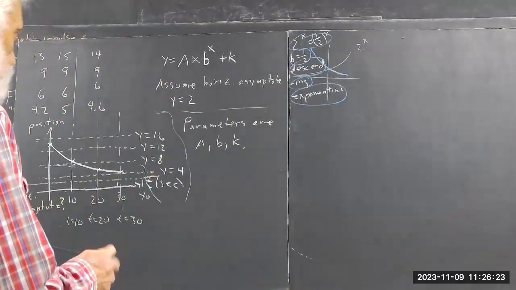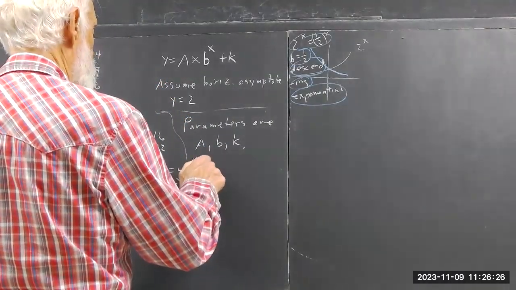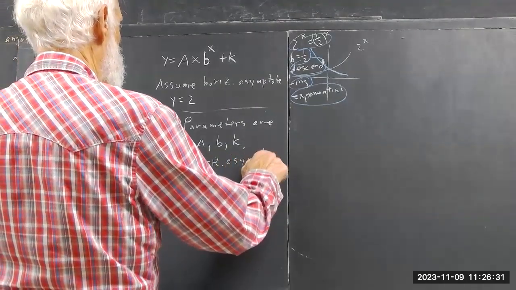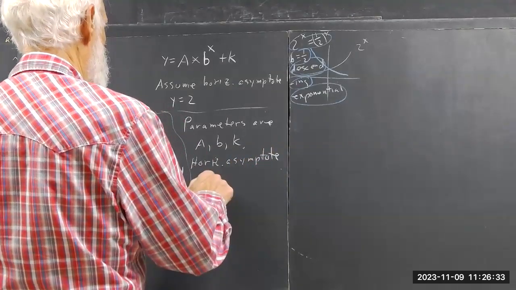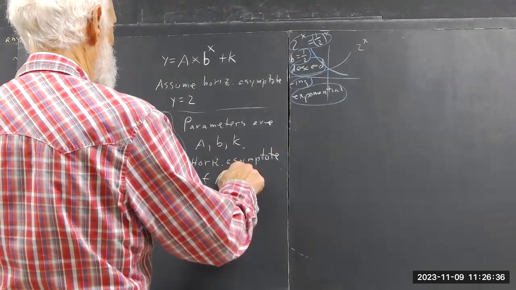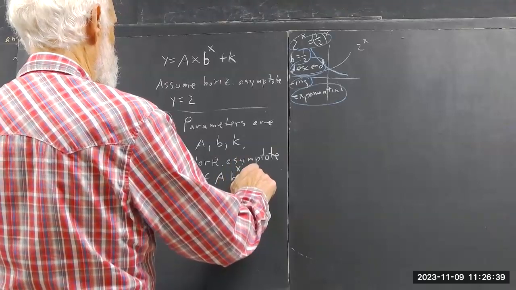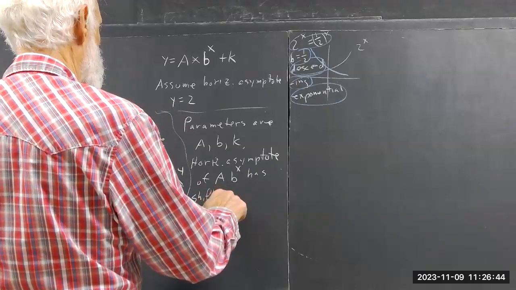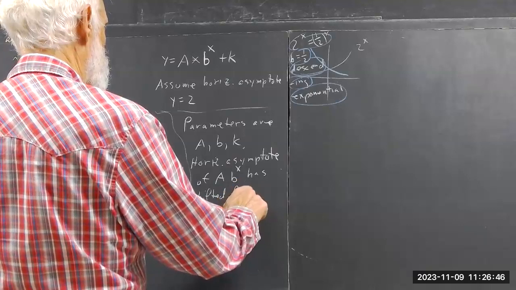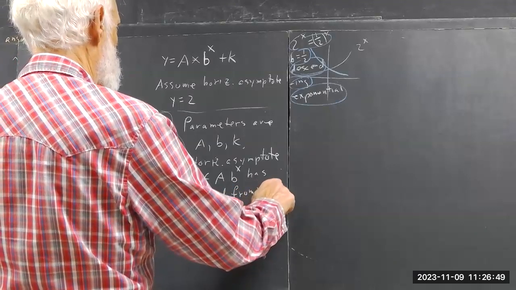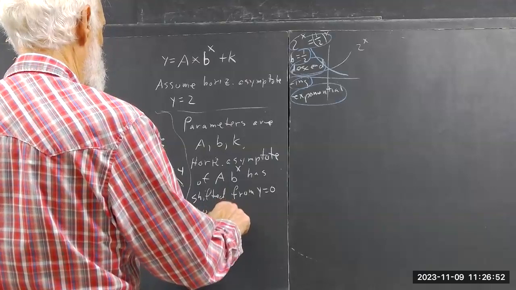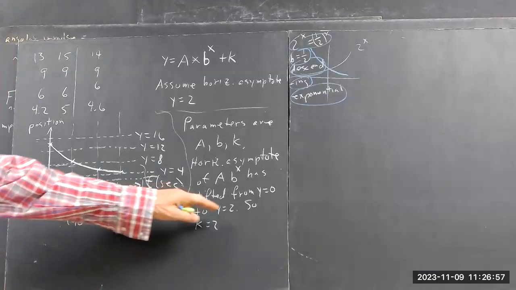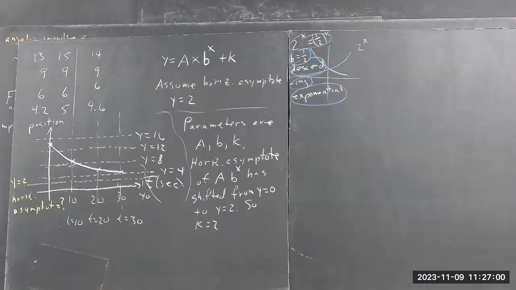So I'm just going to make the statement. Shifted from y equals 0 to y equals 2, so k equals 2.